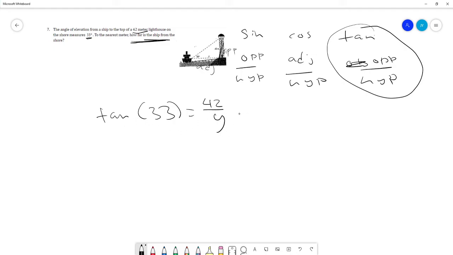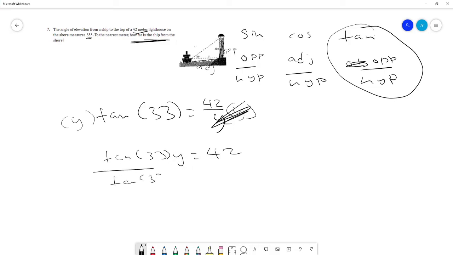So we multiply y to this side, bringing it over to the other side. Tan 33 times y is equal to 42. Then with y isolated again, we just divide by tan 33 on this side. We get y is equal to 42 over tan 33.